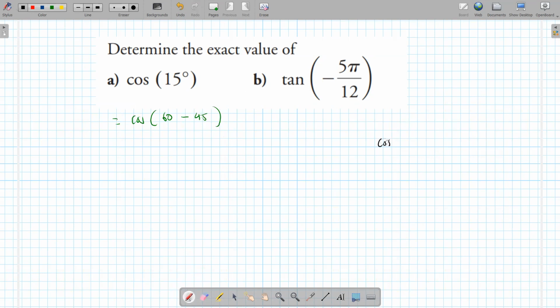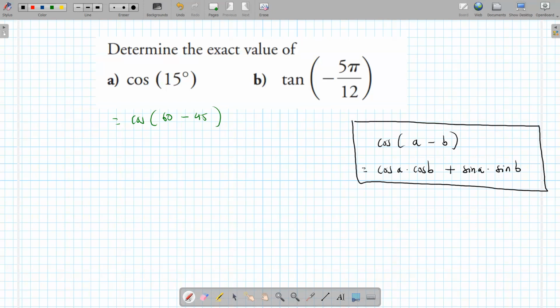Cosine of A minus B becomes cosine A times cosine B plus sine A times sine B. This is the formula for cosine of A minus B. So if you use that formula to open this bracket over here, what do we get? A is 60, B is 45, okay?